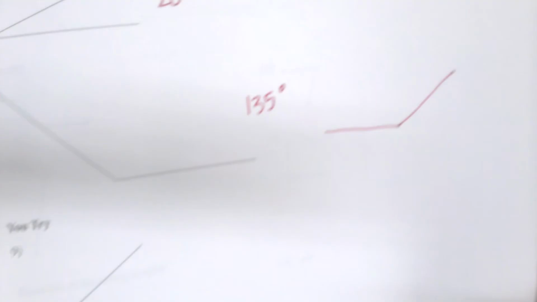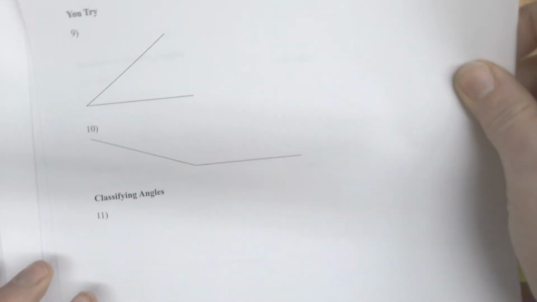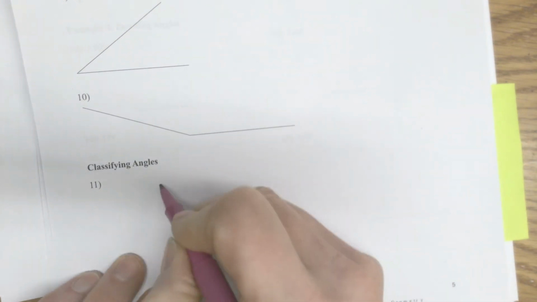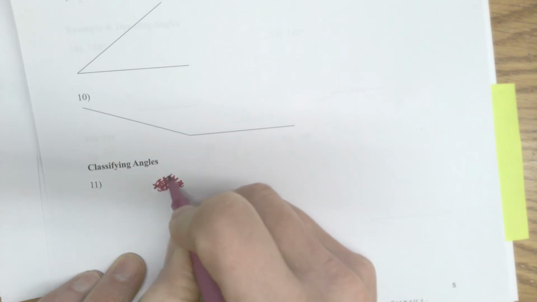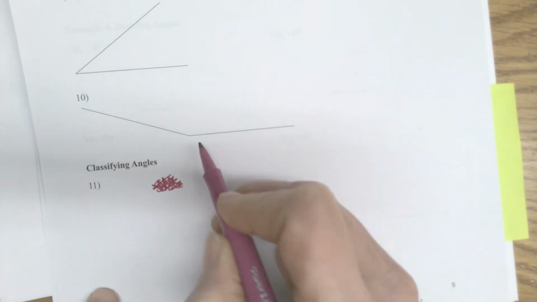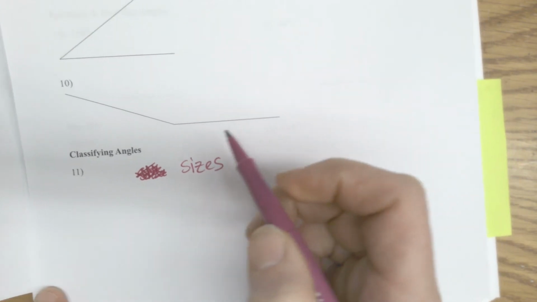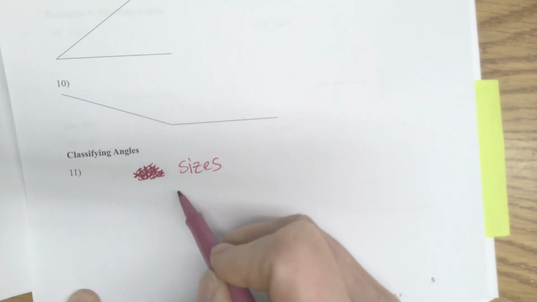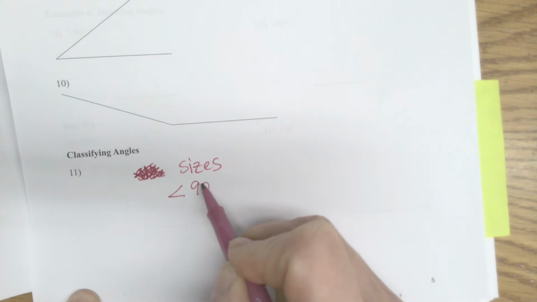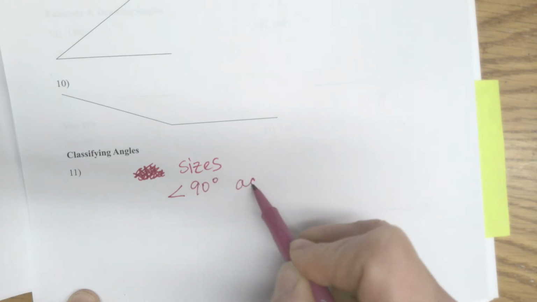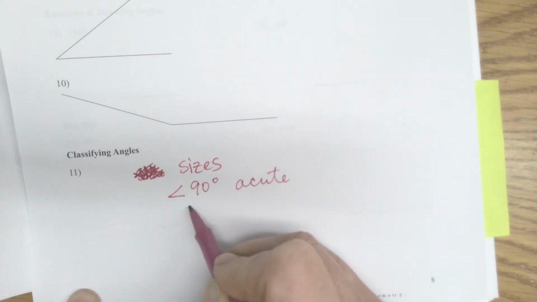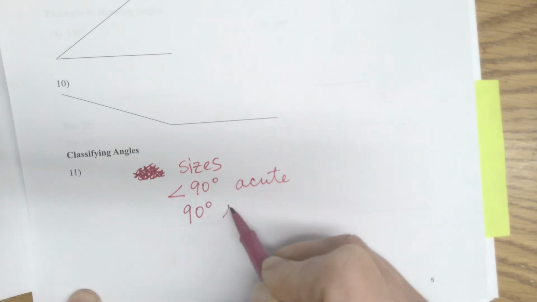Our next section is getting into classifying angles, and you can classify angles by sides. No, you can't. You classify angles by their sizes. And so we have less than 90 degrees is acute. Exactly 90 degrees is right.